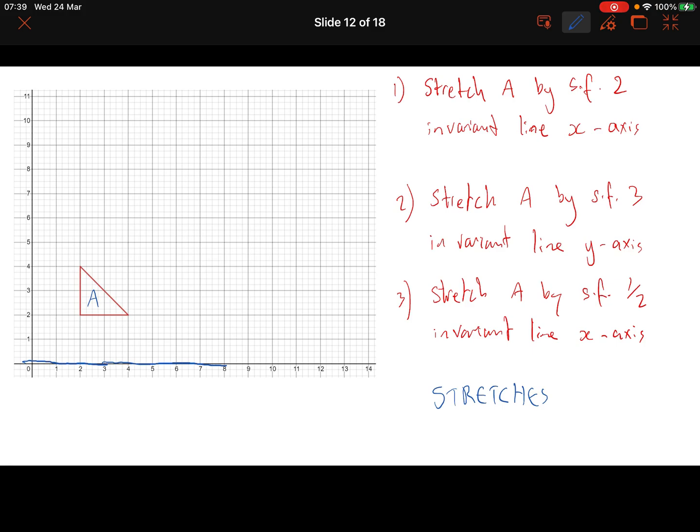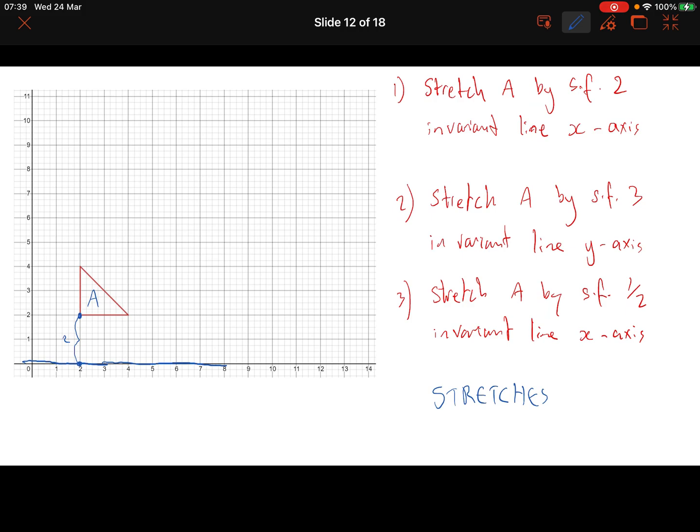Okay. And what I do then is I count from the x-axis, from my invariant line, to the shape in a perpendicular fashion. So I count from this point here, 1, 2. So that distance is 2. Then I apply the scale factor, which is 2.